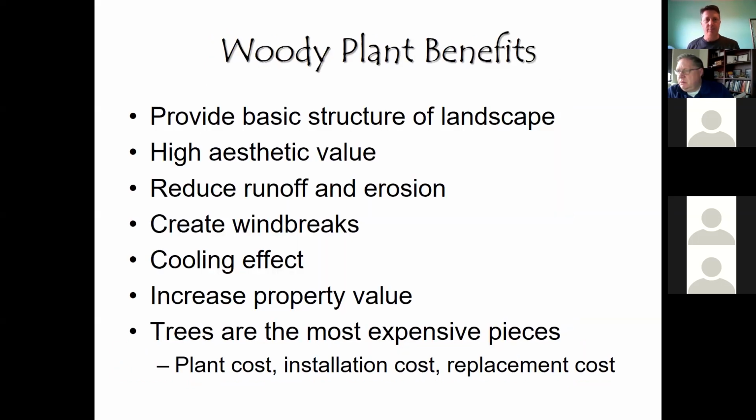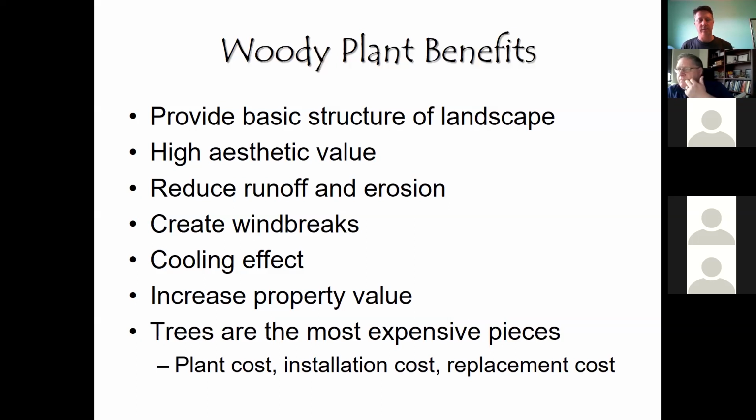So the benefits of woody plants, of course, there's a lot of them. They provide the basic structure, or what a lot of landscape designers refer to as the skeleton of a landscape. They have high aesthetic value, which means they tend to command a lot of beauty. They reduce runoff and erosion, and they do this in two main ways.